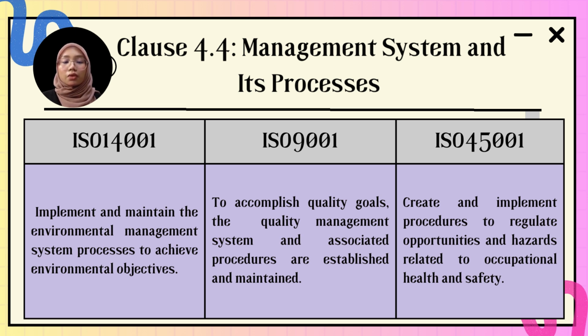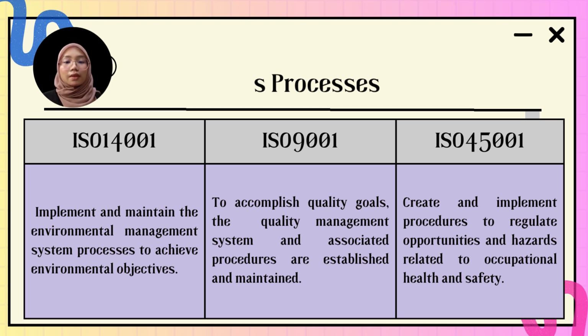For ISO 9001, in order to accomplish quality goals, the quality management system and associated procedures are established and maintained. And lastly, ISO 45001. It focuses on developing and implementing procedures to regulate opportunities and hazards that are related to occupational health and safety.